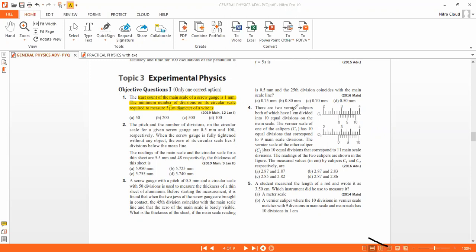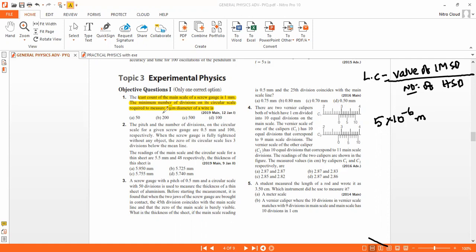Now, least count: we have the formula, value of one main scale division divided by the number of divisions on the circular scale, or head scale divisions. Here I need to find the 5 micrometer.